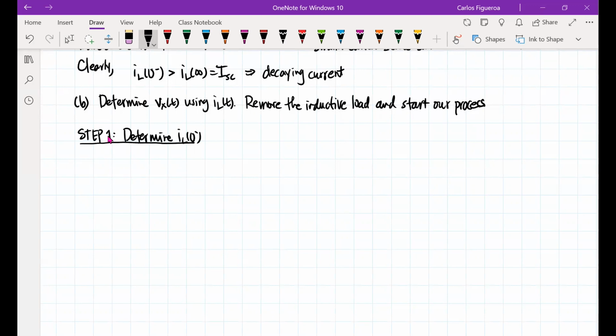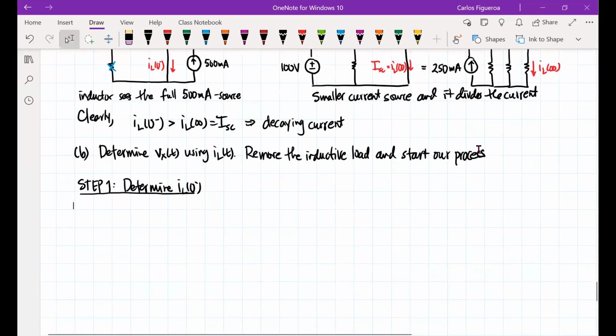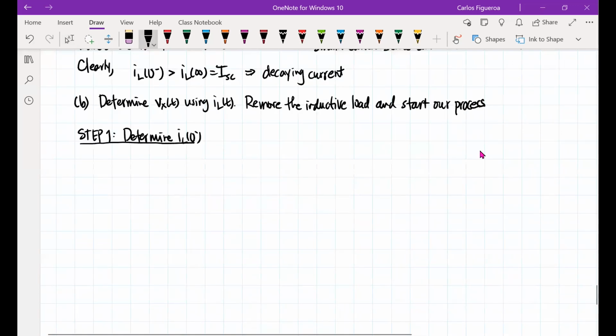If I look at the circuit, note that there is no 100-volt source here. And we know steady state has occurred. Because the inductor becomes a short, it kills off these two resistors. So we have no 100-volt source in the circuit.